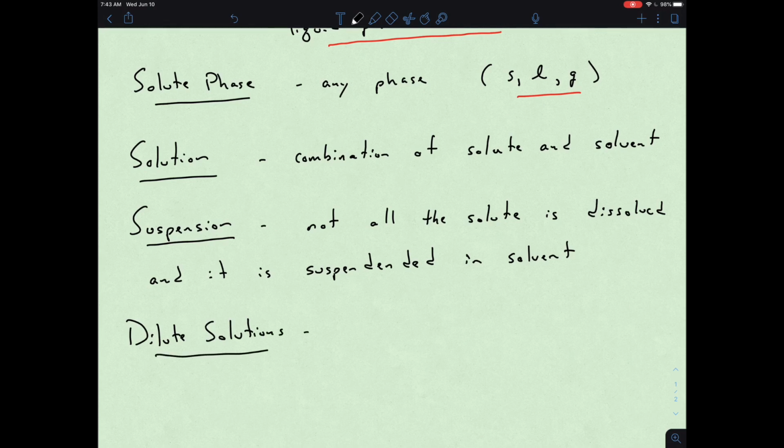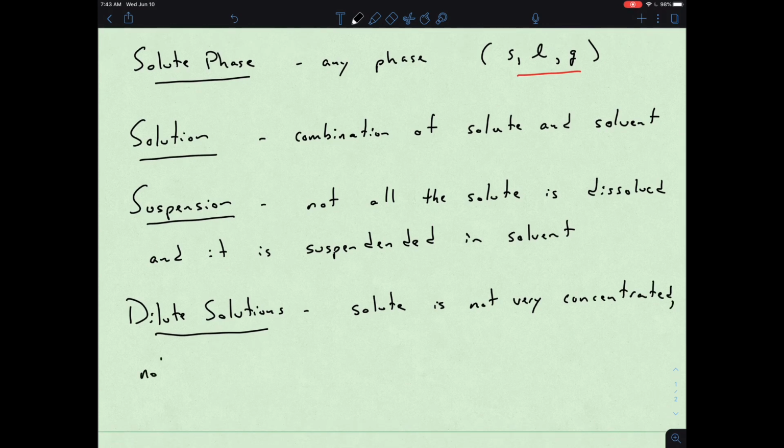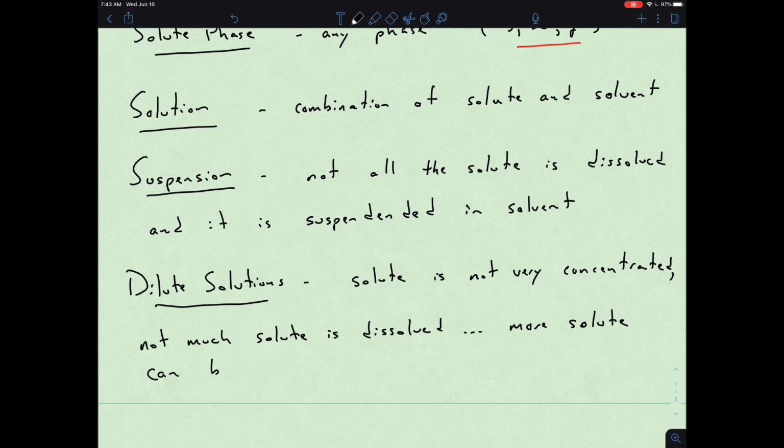We have dilute solutions. Dilute solutions is where the solute is not very concentrated, or not much solute is dissolved, and more solute can be dissolved if added.